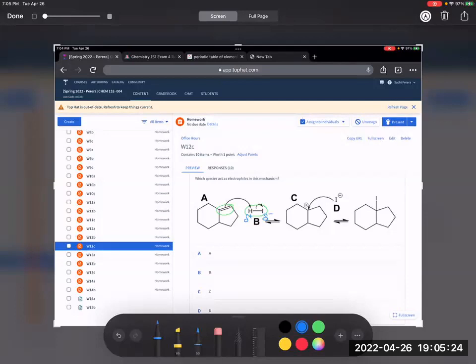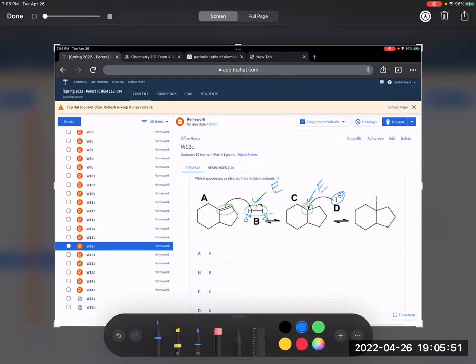So our first electrophile is HI. And then in the second step, we have the nucleophile, which is I minus, and that is attacking the carbocation over here, this carbon over here. Therefore, our second electrophile must be this.